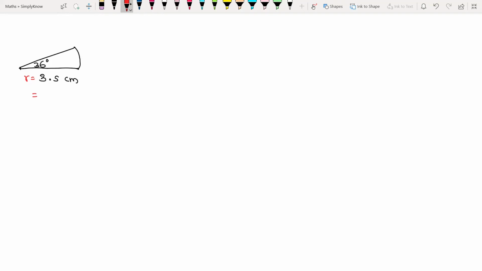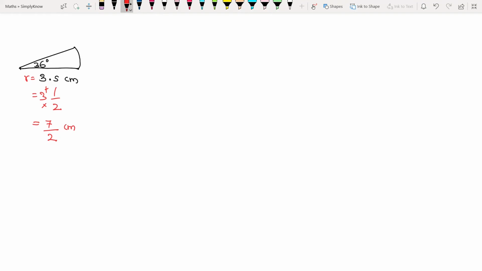For that I write this as a mixed number first. 3.5 means it's 3 and a half. So when I convert this into an improper fraction, I get 3 times 2, 6, plus 1 is 7, 7 over 2. So 7 over 2 centimeters is our radius.